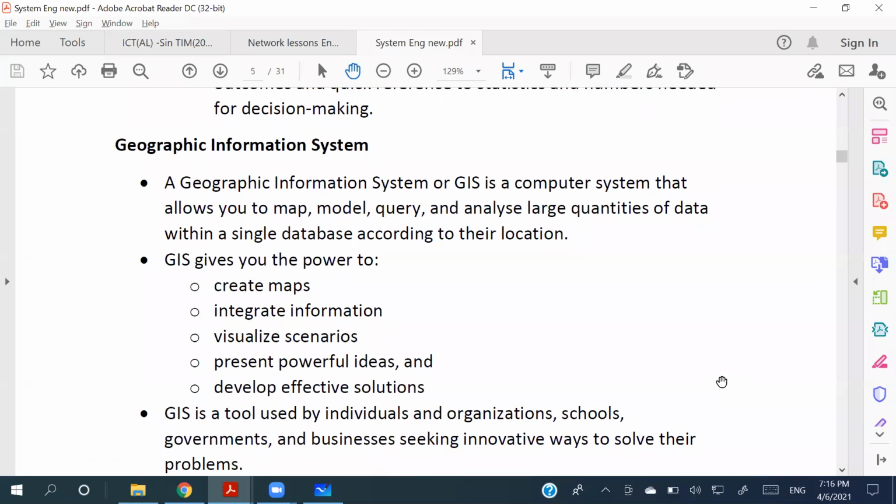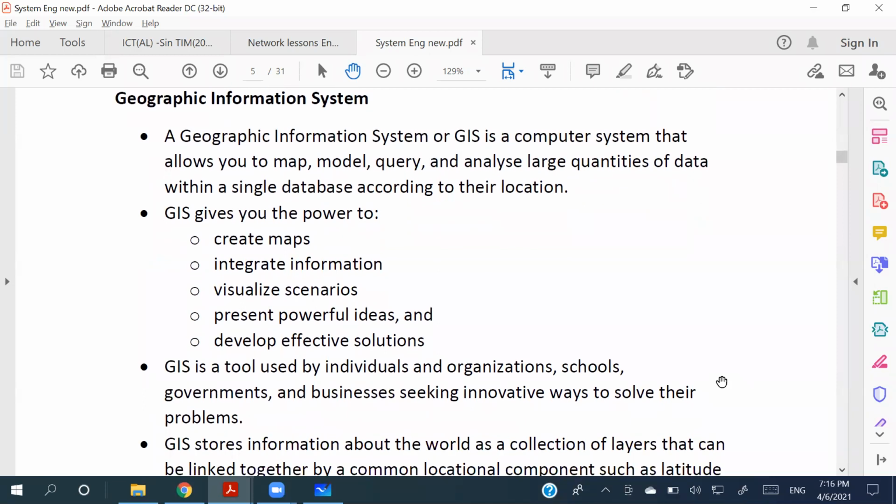And hereafter they have individual systems like GIS, which is a geographic information system. It's a separate system. So now GIS is something that gives you the information based on the geographic location. Now if you take Google Maps, it is one of the finest GIS that you can find, right?